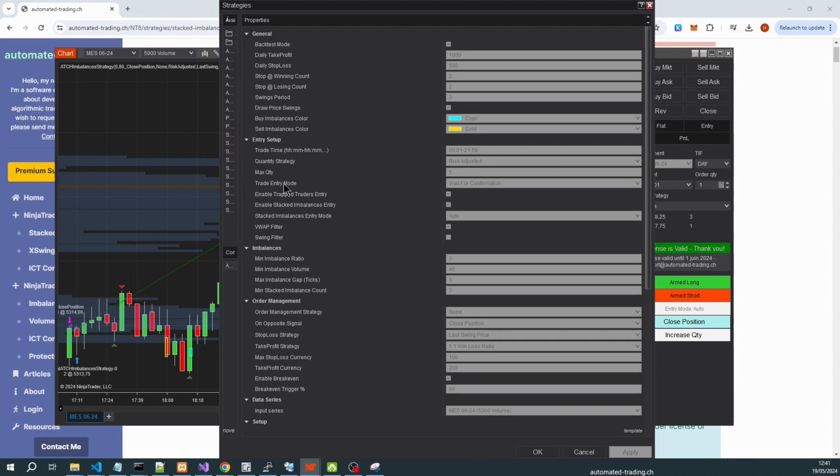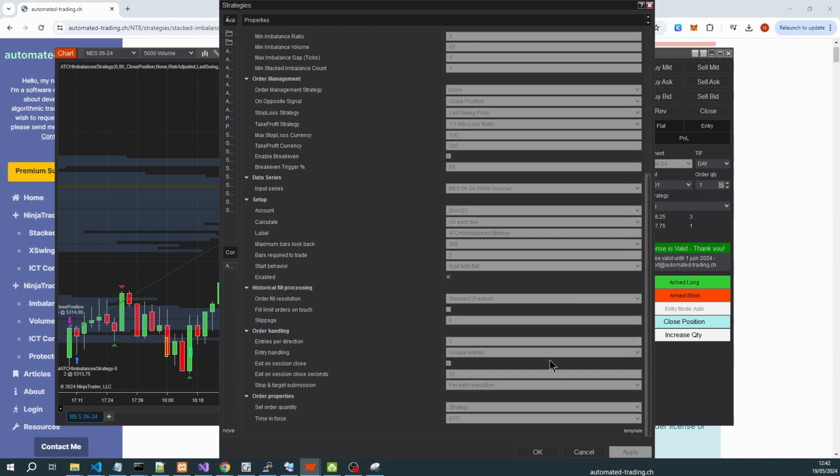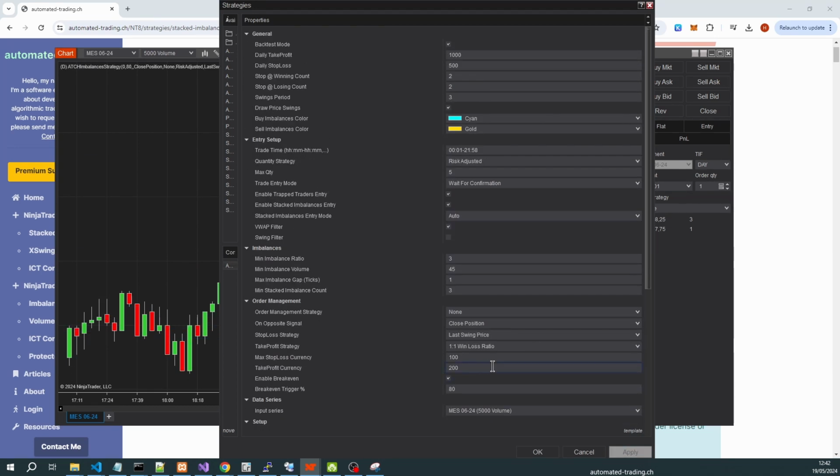Here I enabled both, but you can choose whether you want to only enter on a reversal mode with this trap traders entry or on trend mode.